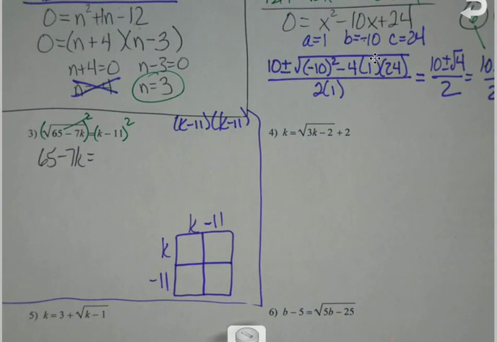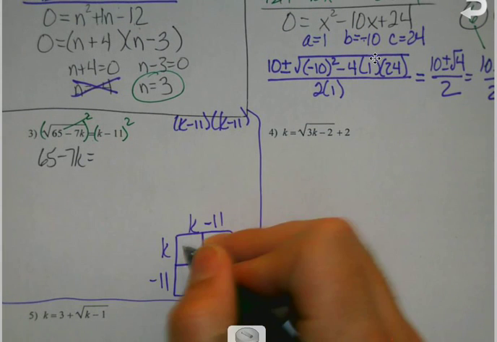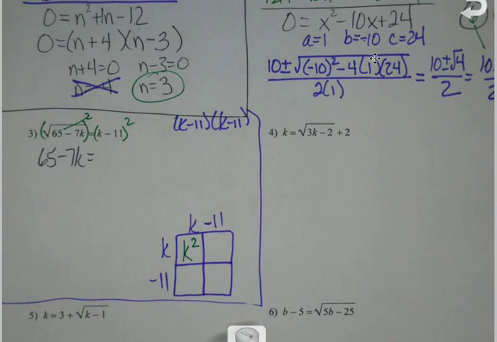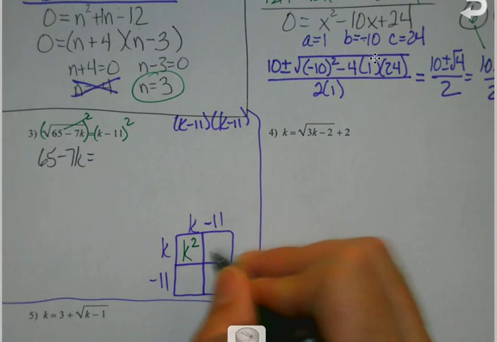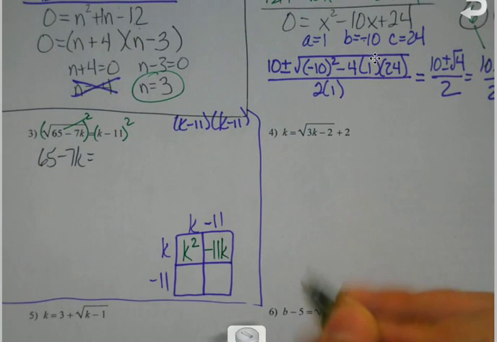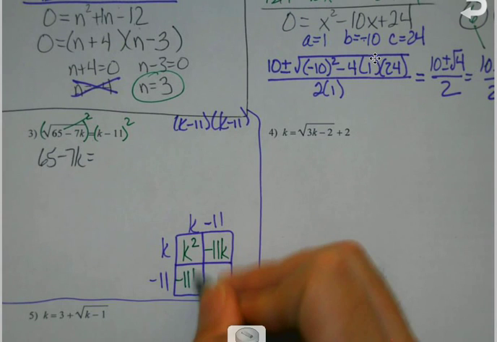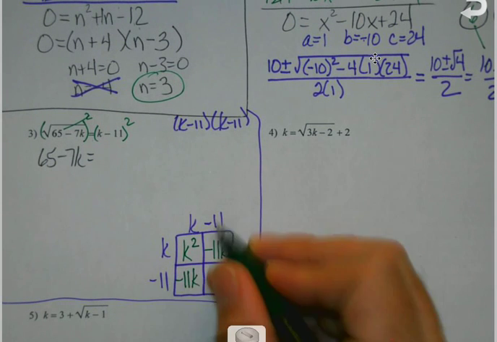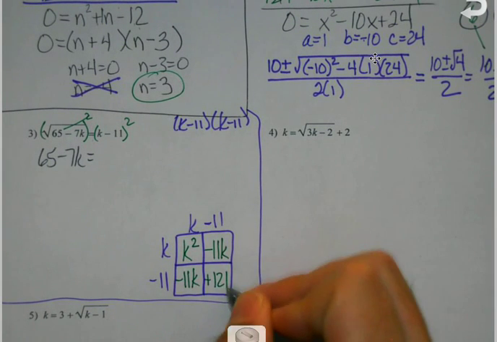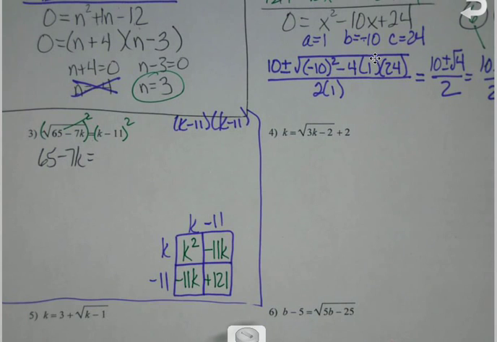And so when I'm filling the box, I'm multiplying the terms on the sides. K times k is k squared. Okay, not 2k, k squared. K times negative 11 is negative 11k. Negative 11k. And negative times negative is a positive 121.